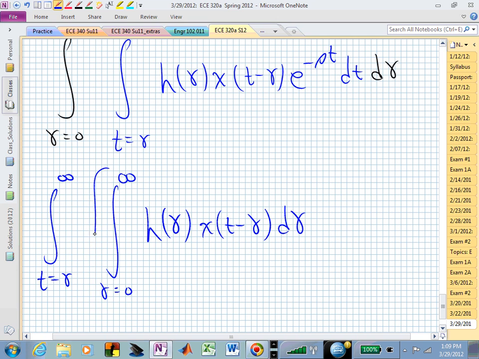And beyond that, I have this e to the minus st. Since t didn't depend on gamma, I don't have to worry about it being inside that blue bracketed expression.